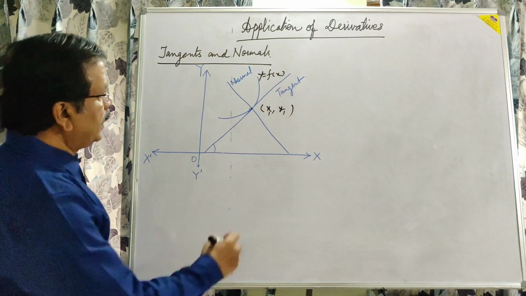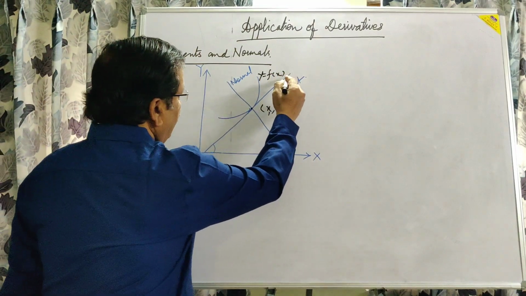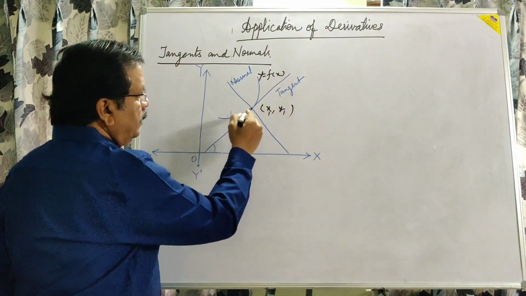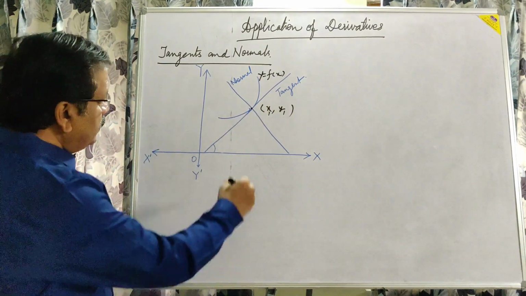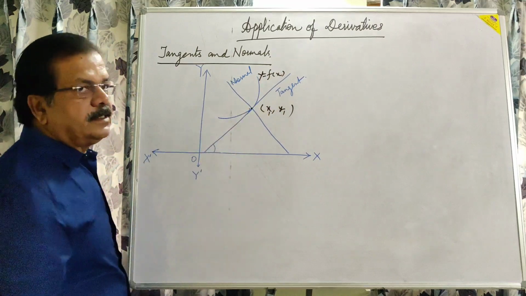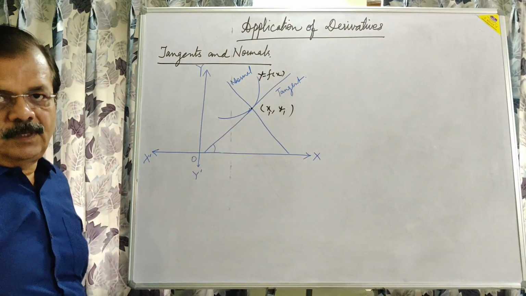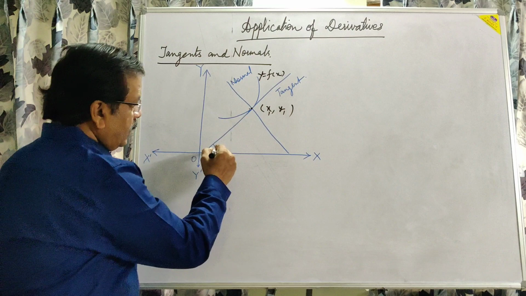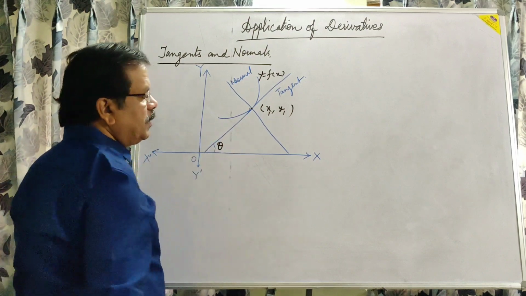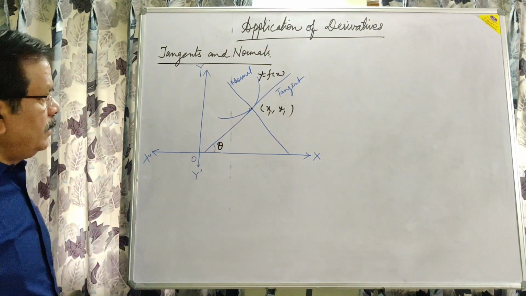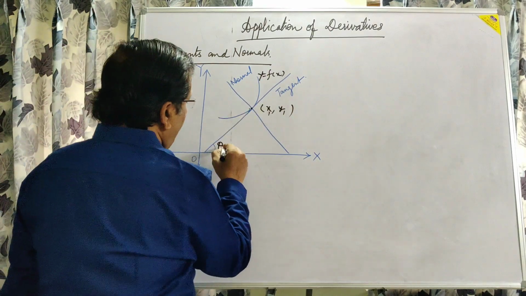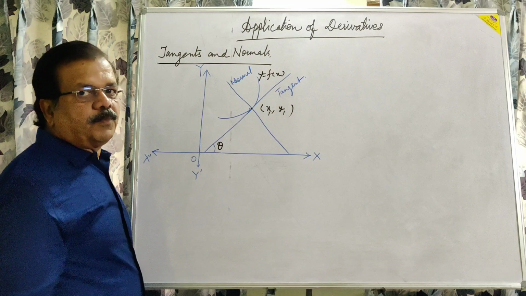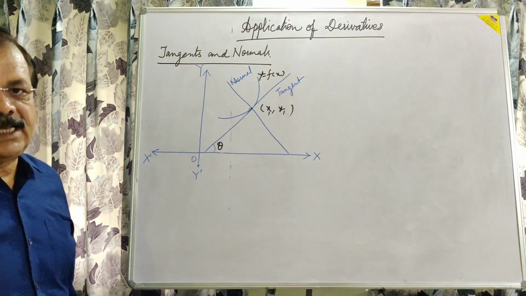If we draw a tangent, that is, a line drawn in such a way that it touches the curve at (x1, y1), then this line is named the tangent to the curve. If this line makes angle theta, then we can say that this tangent makes angle theta with the positive direction of the x-axis.